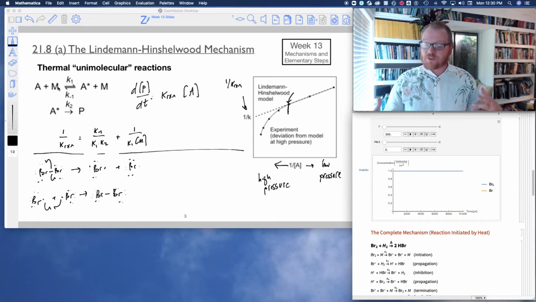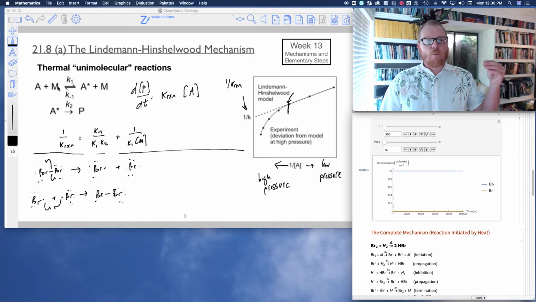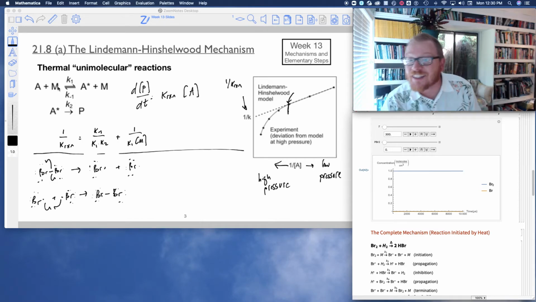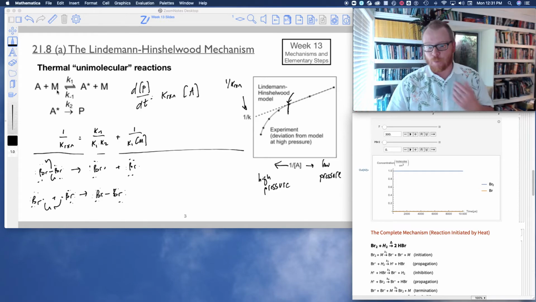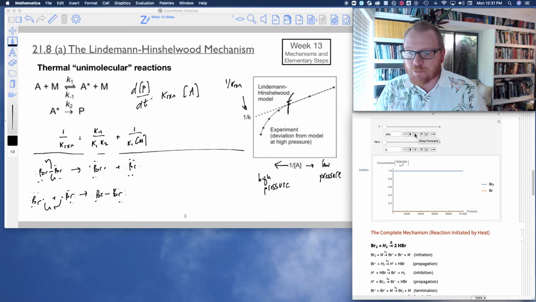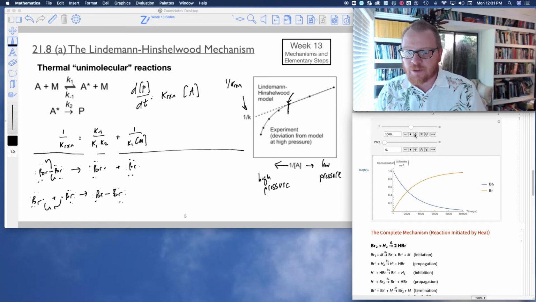It still helps take away or contribute to the momentum of the reaction, which I'm going to get into in a little more detail in the next lecture. But the only difference, with M being an inert third body, is that there's no recycling reaction to take me back to Br2, and I'll prove that to you. So I'm going to go up to about 1200 Kelvin or so.